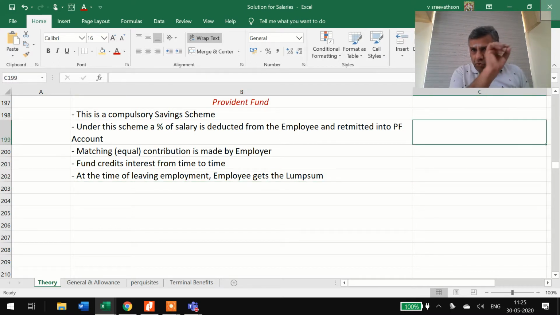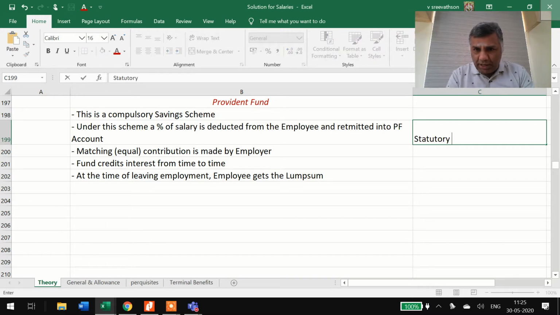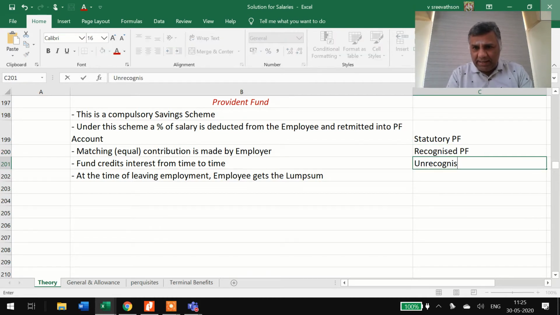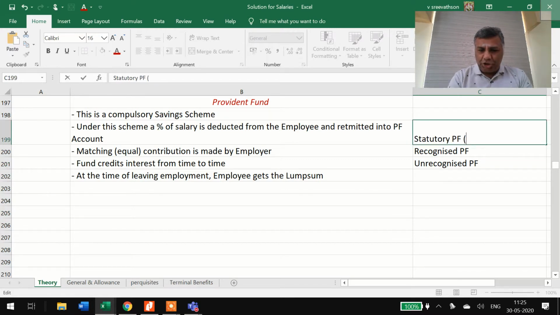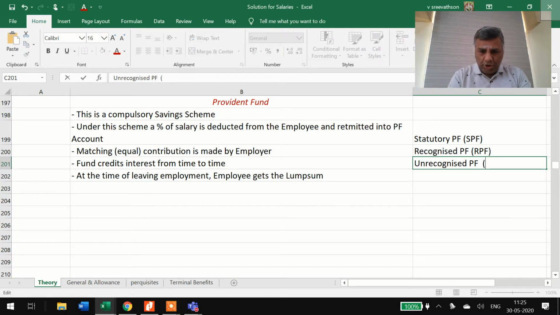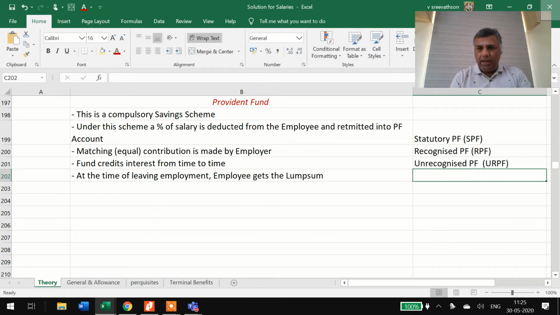The three funds are statutory PF, recognized PF, unrecognized PF. We call them in short SPF, RPF, URPF.